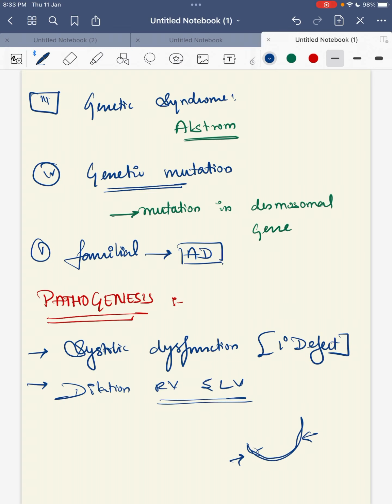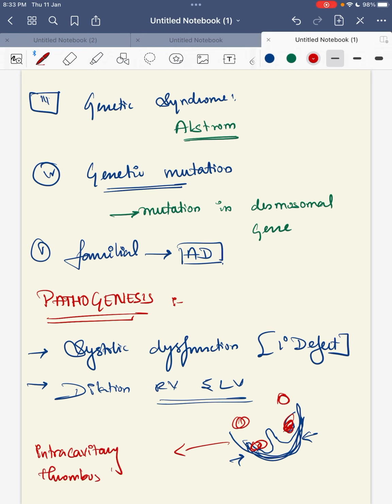Since the blood will stay in the chamber because of the systolic dysfunction, it will stay in the ventricles and also in the atrium. This can lead to the formation of thrombus. So intracavitary thrombus formation is common in dilated cardiomyopathy among the cardiomyopathies.